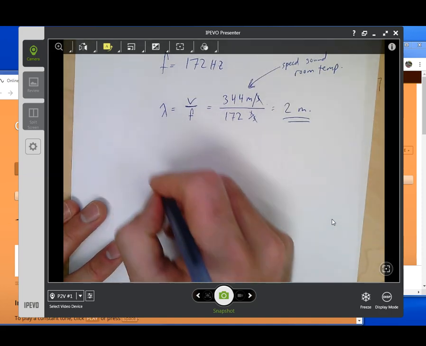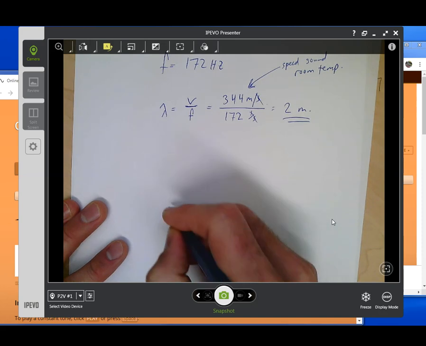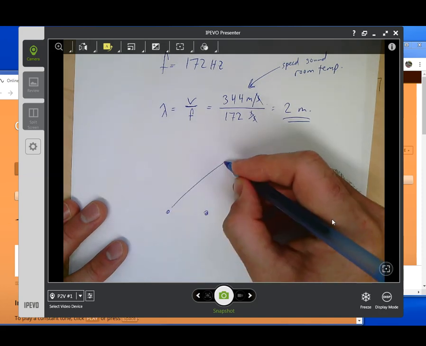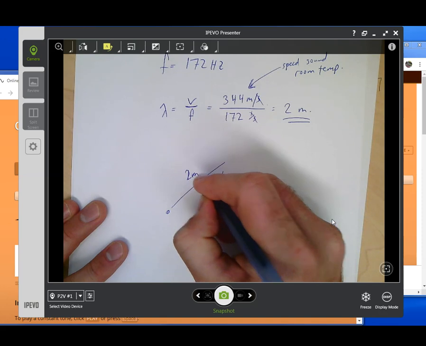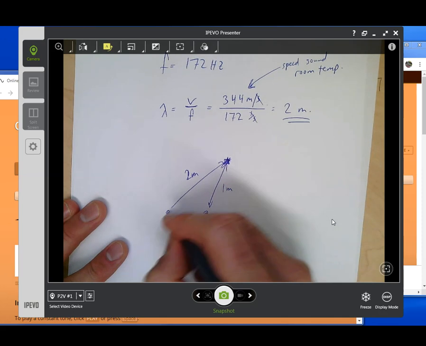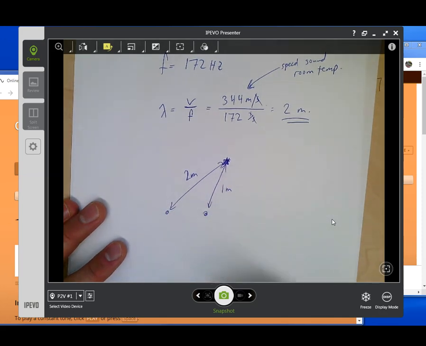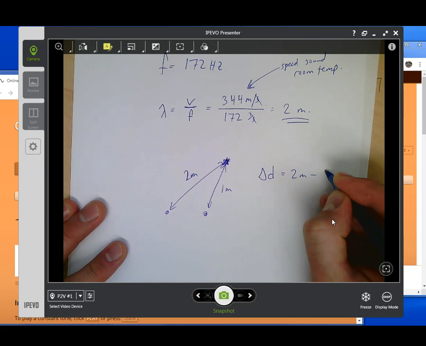And now the other part that we have here is that we have 2 speakers, and I'll just draw it over here. One is 2 meters away, one is 1 meter away. So 1 meter, 2 meters, and here we are. I'm going to draw a little star right there. And we have our difference in distances here. So in other words, our delta D, our difference in distances, is 2 meters minus 1 meter.